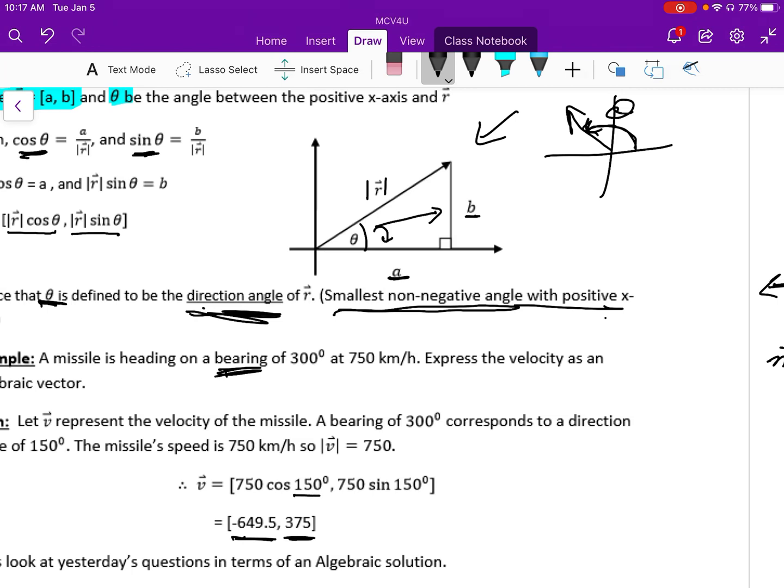If we use the direction angle as defined here, our calculations will automatically give us the positive and negative portions. It's one thing to get used to. I'm not going to force anybody to do it that way, so long as you resolve a vector correctly.